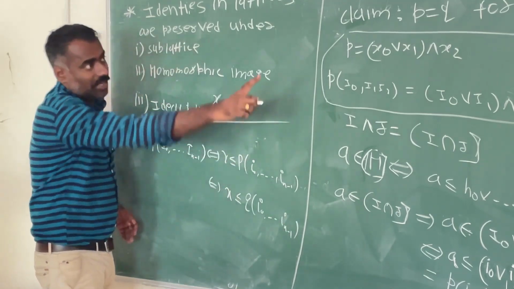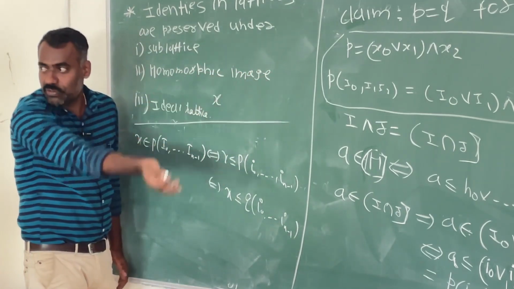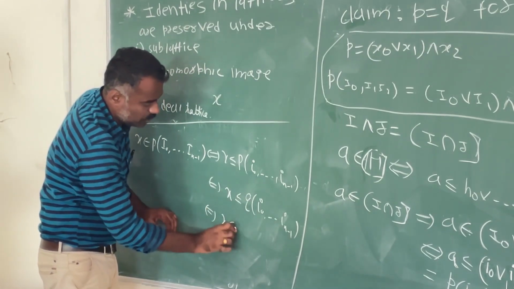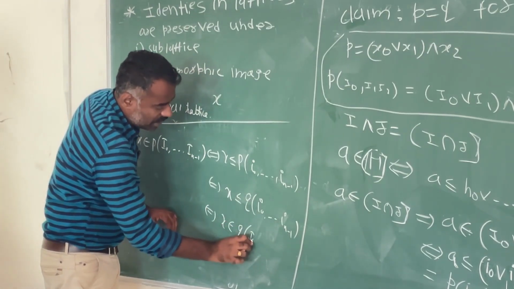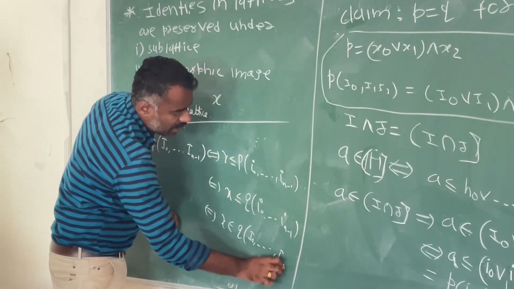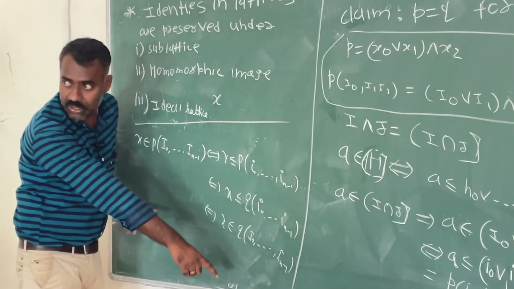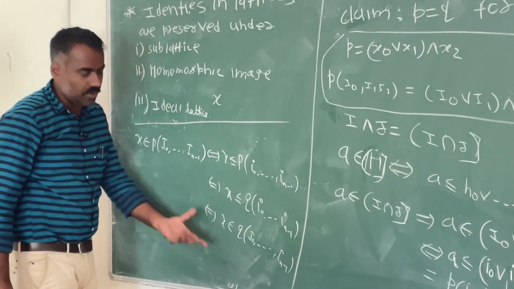Whatever you have applied for P is also true for Q, or not? So x is less than or equal to Q is the same as saying that x belongs to Q evaluated at those ideals I0 up to In. So we proved that if something is here, then it is also here. That means this is equal to this.